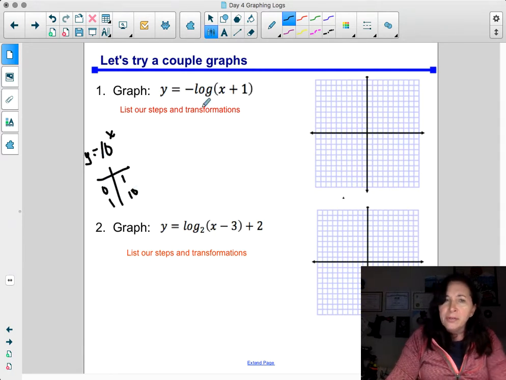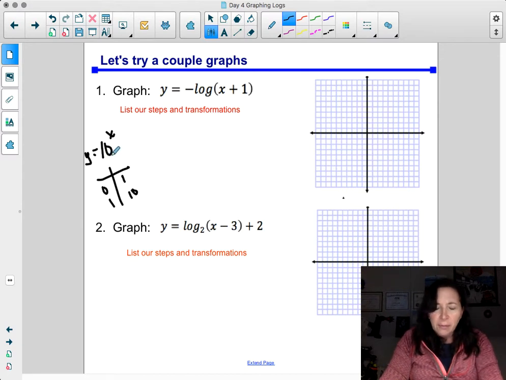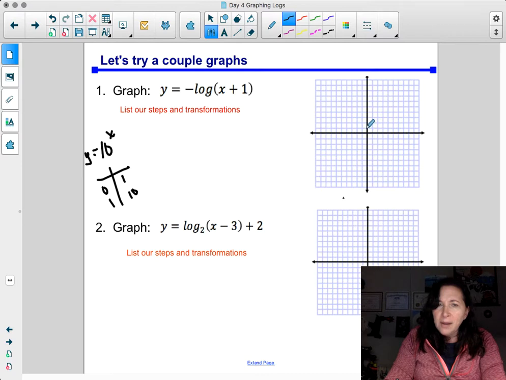So if a logarithm is the inverse of my exponential graph, instead of 0, 1, the inverse of 0, 1 is 1, 0. So there's that point. And then the inverse of this point, 1, 10, is going to be 10, 1. And remember, logarithmic graphs have a vertical asymptote, and it starts at x equals 0.